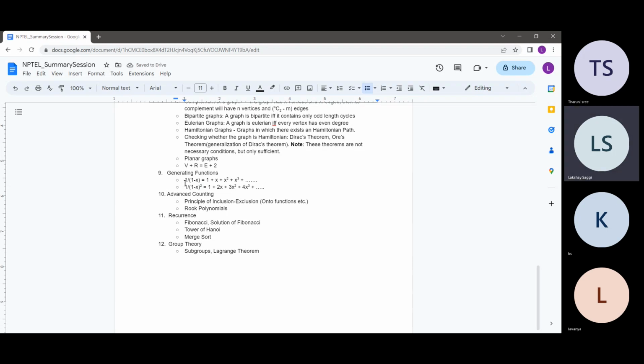So these are two types of generating functions. There can be more, but I'm not going to go into much detail.